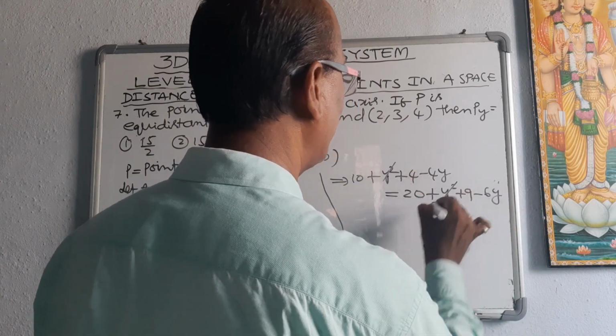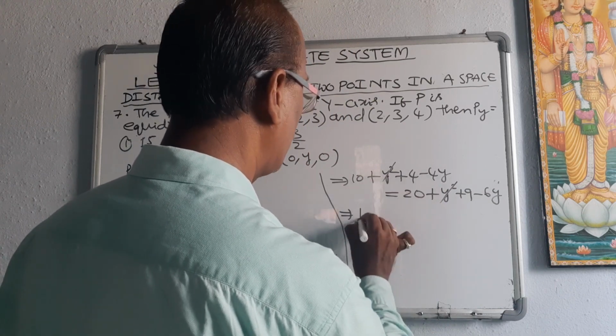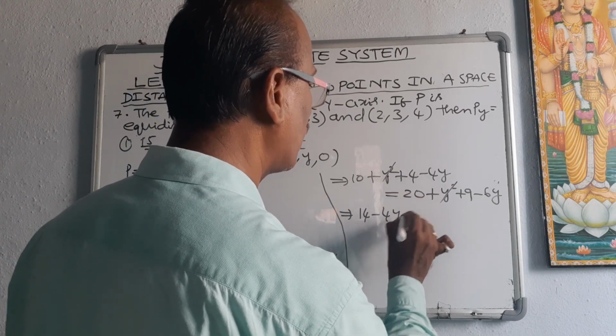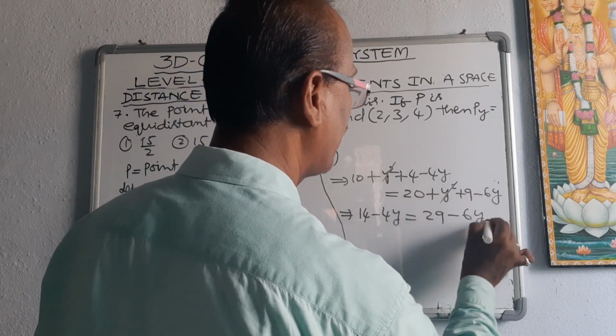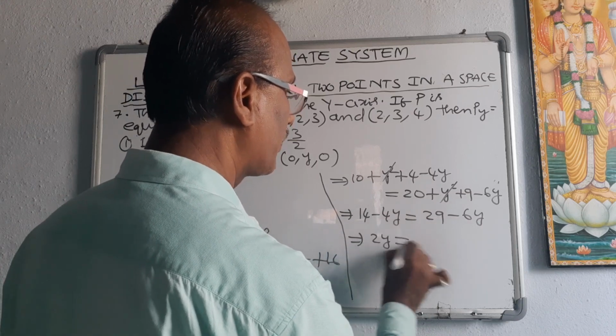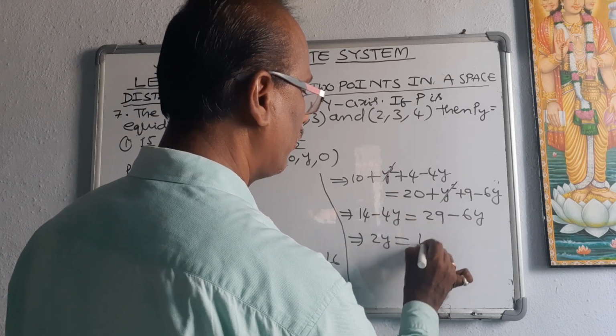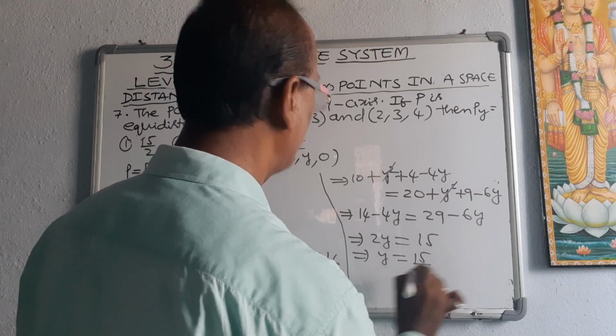Y square get cancelled. 10 plus 4, 14 minus 4y is equal to 20 plus 9, 29 minus 6y. 6y minus 4y, 2y. 29 minus 14, 15. Y is equal to 15 by 2.